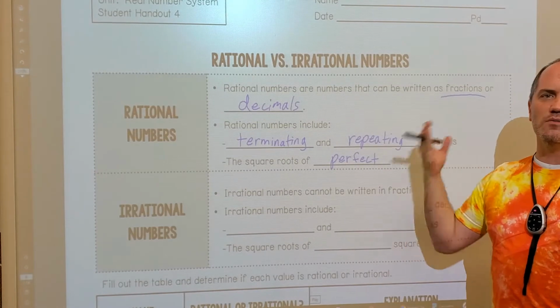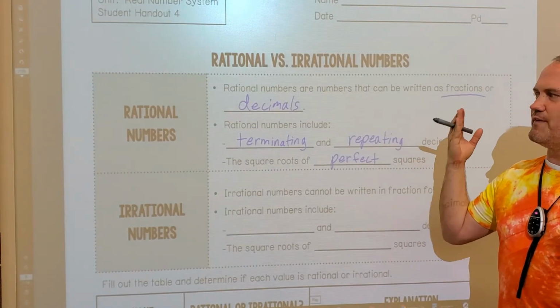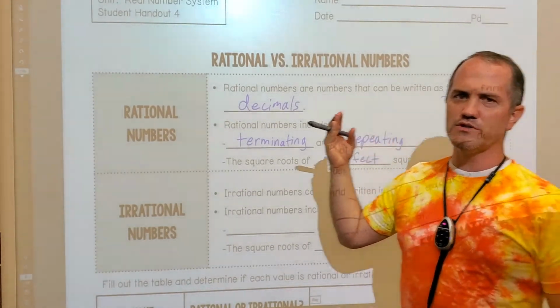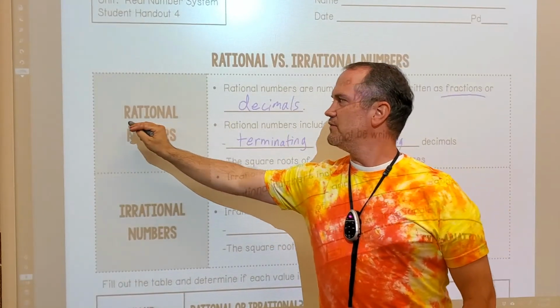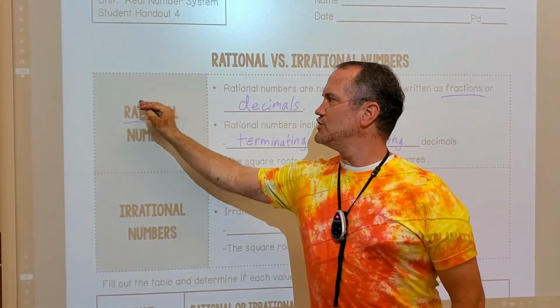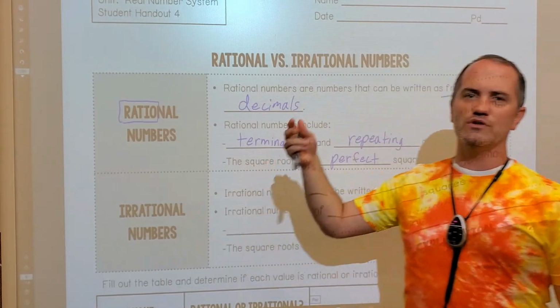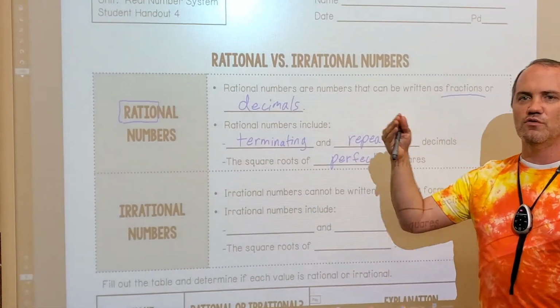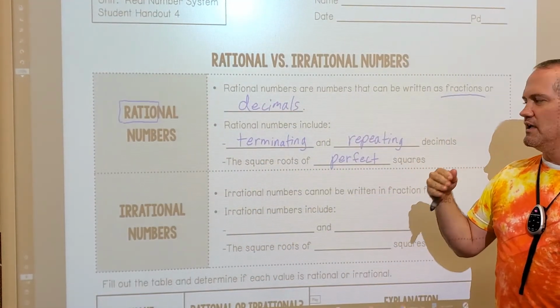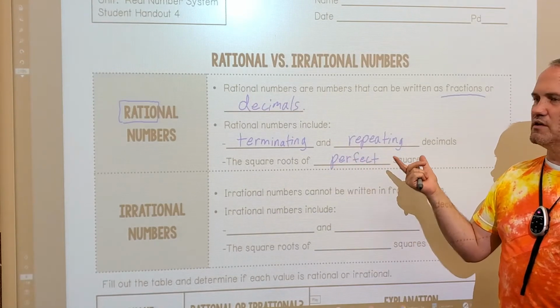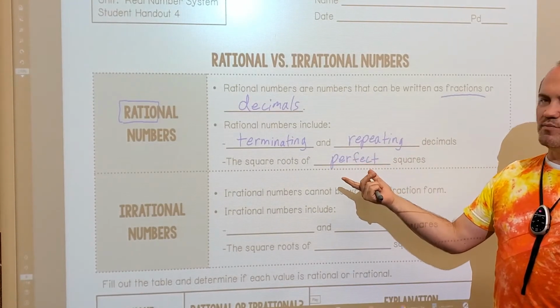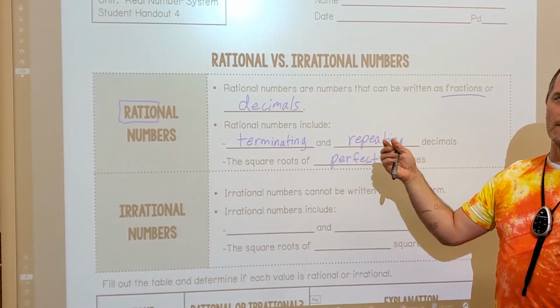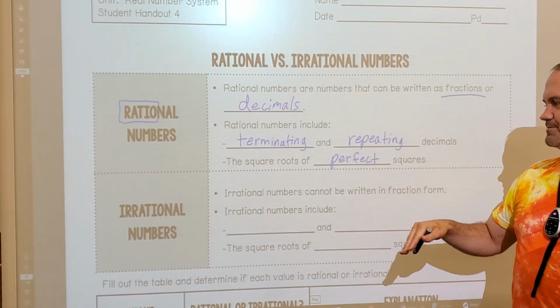So anything that can be written as a fraction is a rational number. The word rational involves mainly the word ratio, which is a comparison of two numbers using division. So 2 over 5, 12 over 1, anything like that. We only list perfect squares here to differentiate them from the non-perfect squares.